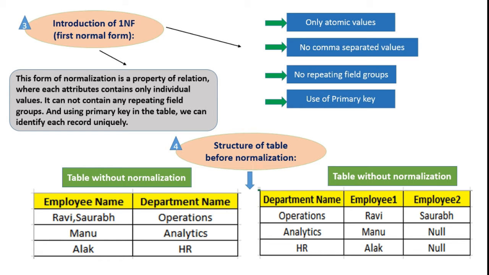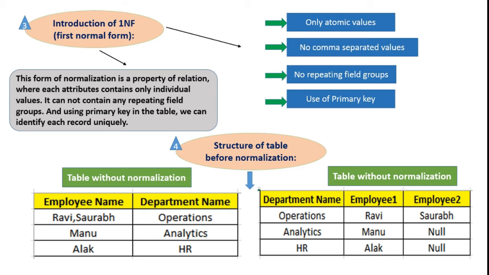The next thing we are going to discuss is the structure of the table. We will compare before normalization and after normalization. Here you can see two tables, and both tables are without normalization.